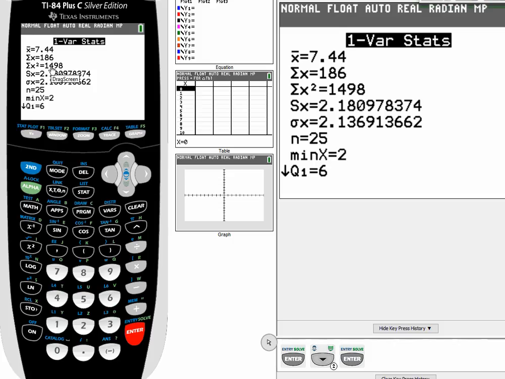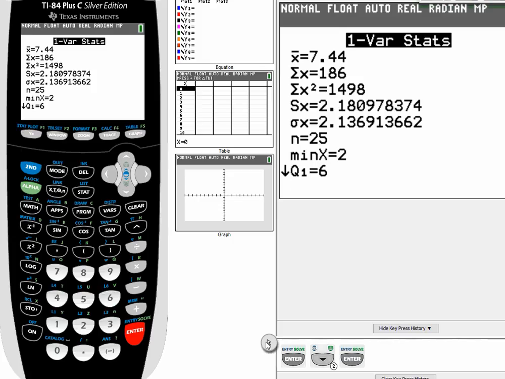Did we use that at all? No. This is the sum of the x's squared. We're not using that in ours either. But now I want you to look at these things and notice this. Look, there's an Sx and a sigma x. And was that our standard deviation? 2.1.